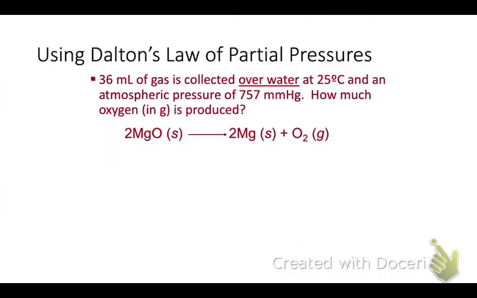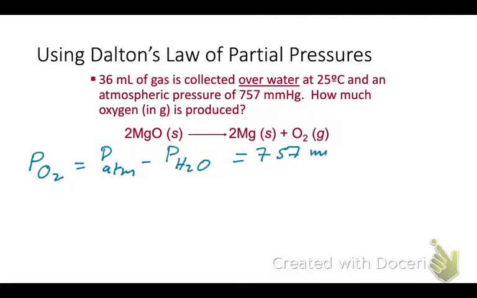So now when I go to solve the problem, the first thing I'm going to say is the pressure of oxygen equals the atmospheric pressure minus the vapor pressure. And that will be 757 millimeter mercury minus 23.76 millimeter mercury.